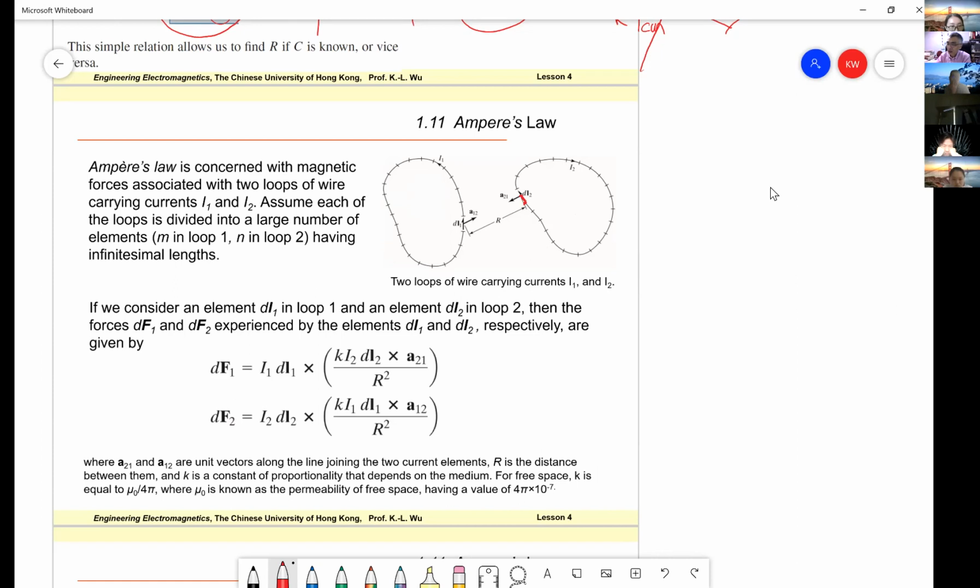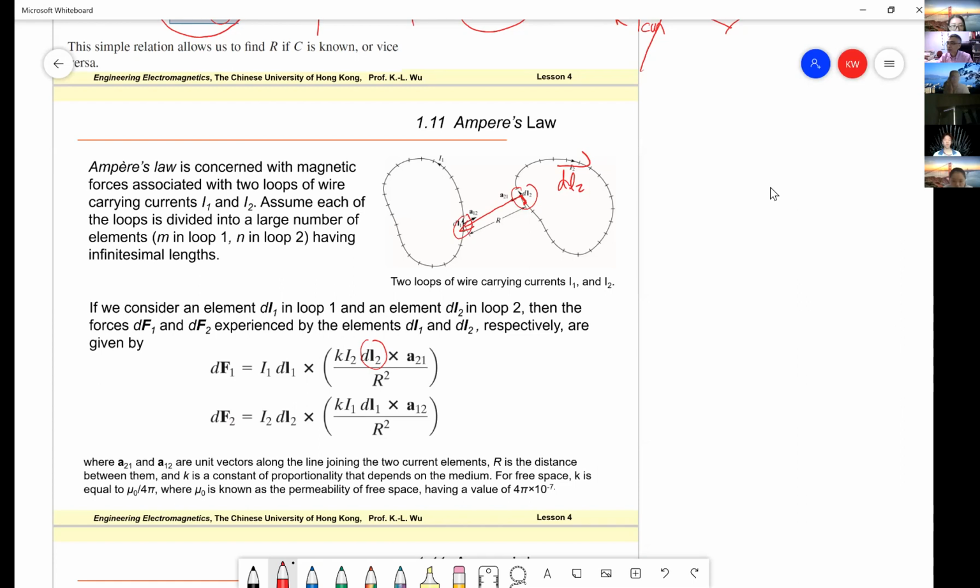Then I take a cross product, because I have dL2. dL2 is what? Differential length, right? Differential length is very important. The differential length is a vector cross multiplied by a distance vector from one small unit to another small unit on another loop.